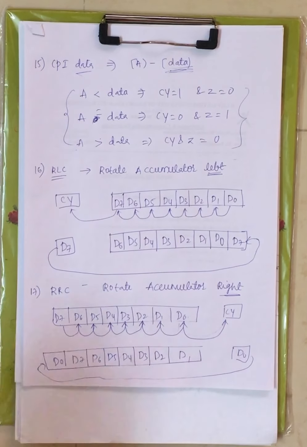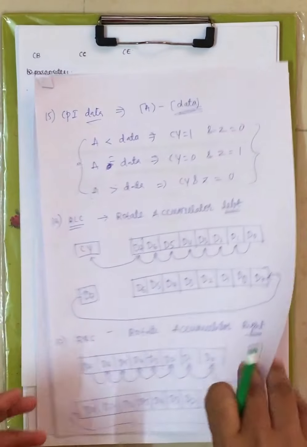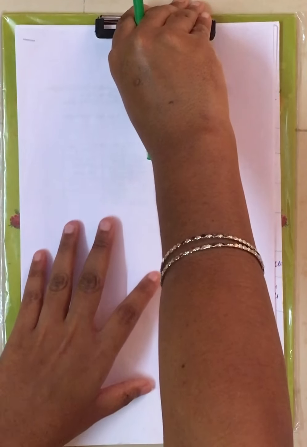Now we have to explain this RLC and RRC, and you have two more instructions, RAL and RAR, right? RAL and RAR, you have to explain these instructions by considering an example. I will give that to you as an assignment. If you understood the operation of the instructions, then you can consider any 2-digit hexadecimal data, nothing but 8-bit binary data.